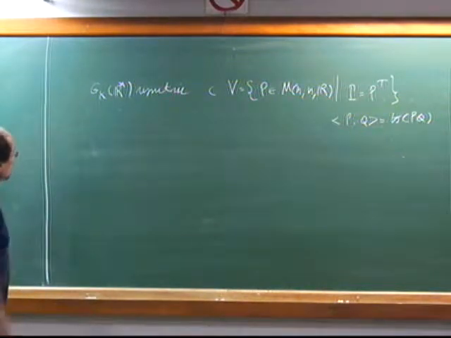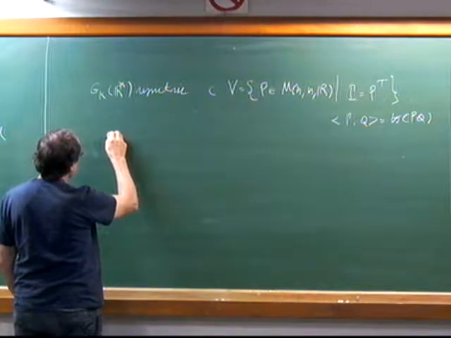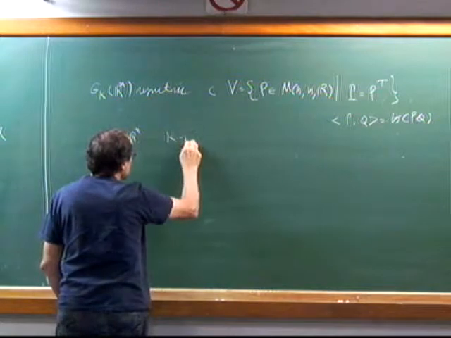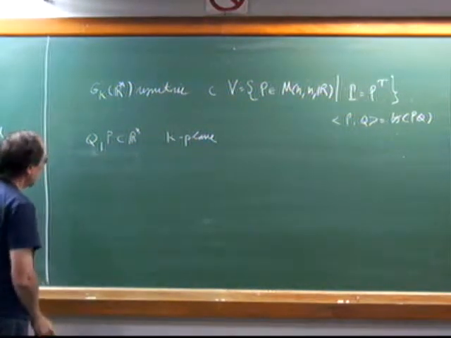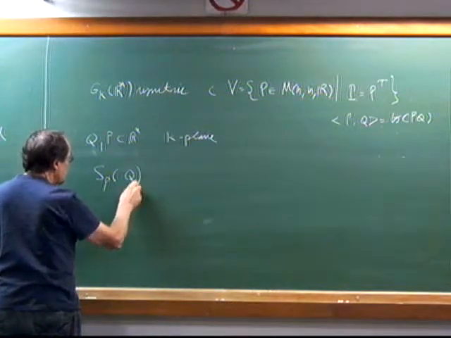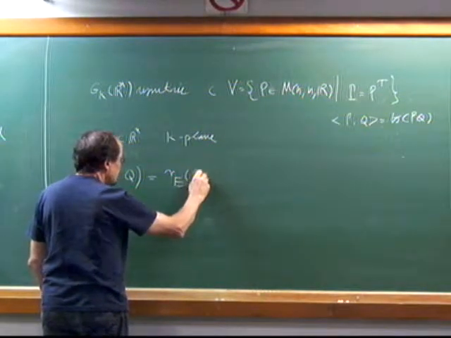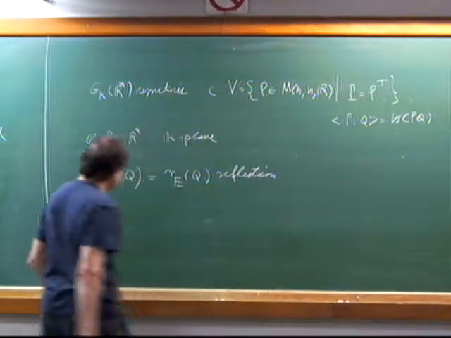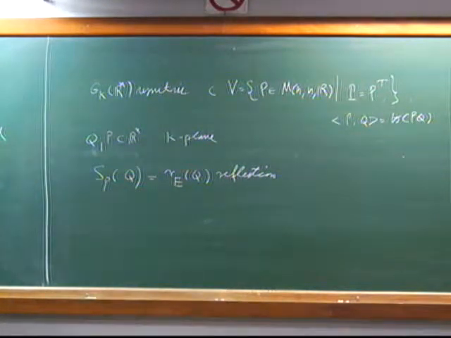And then we showed that I can formulate it like this now. If I take P contained in R^n a K-plane, or maybe P, Q, so let's take two K-planes, then the symmetry around P of the K-plane Q is simply the reflection in E around Q, where the reflection preserves E and is minus identity on E perp, the usual reflection.